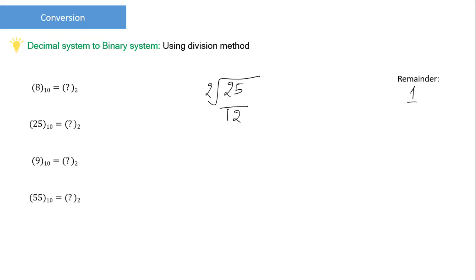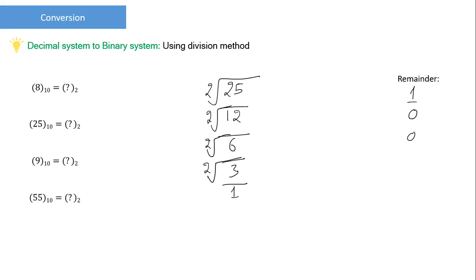Now this 12 you have to again divide by 2, you will get 6. Since 12 is an even number, remainder would be 0. Now this 6 has to be again divided by 2, we get 3 and the remainder would be 0 since 6 is an even number. I divide 3 by 2, I get 1.